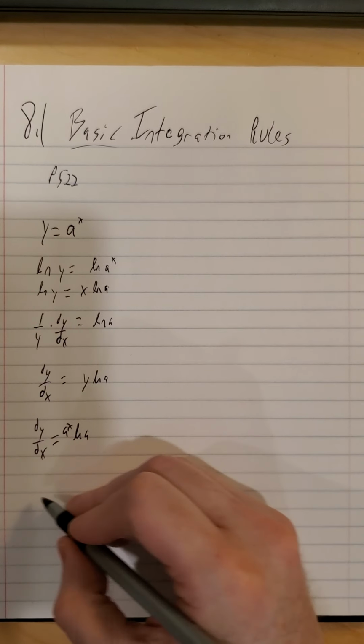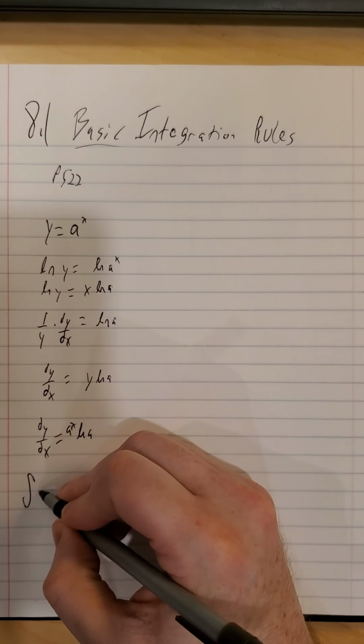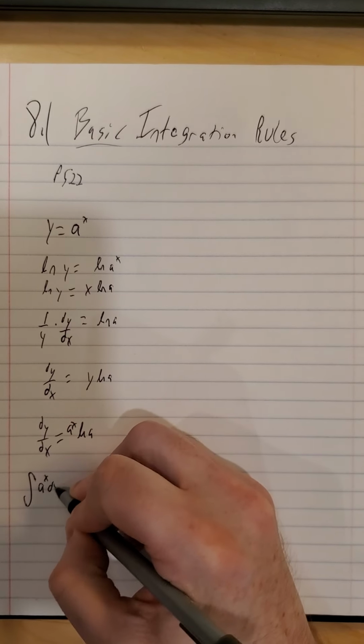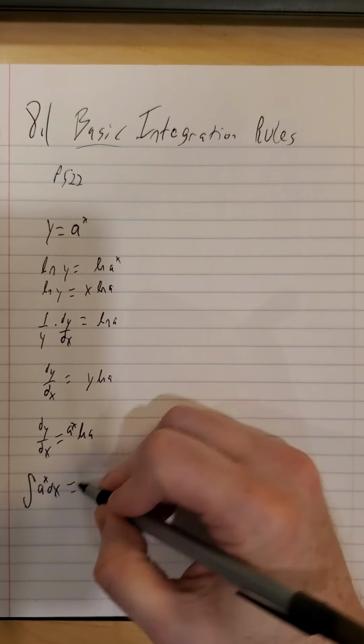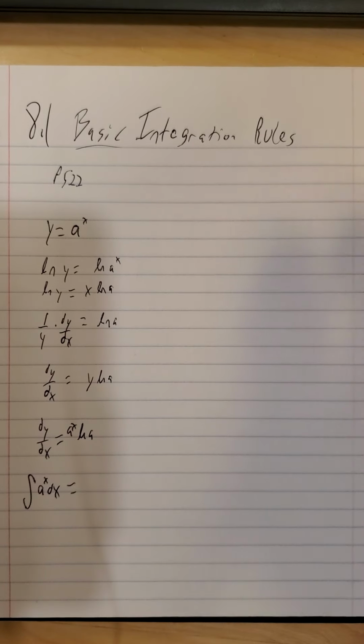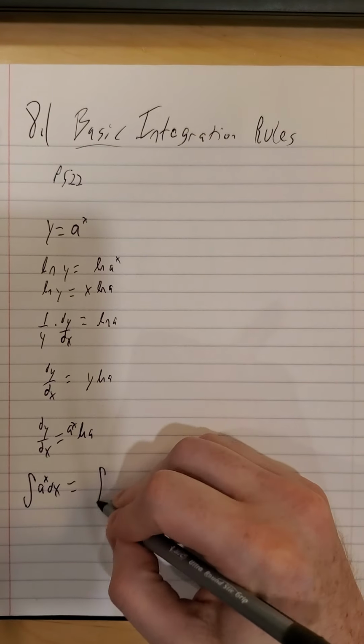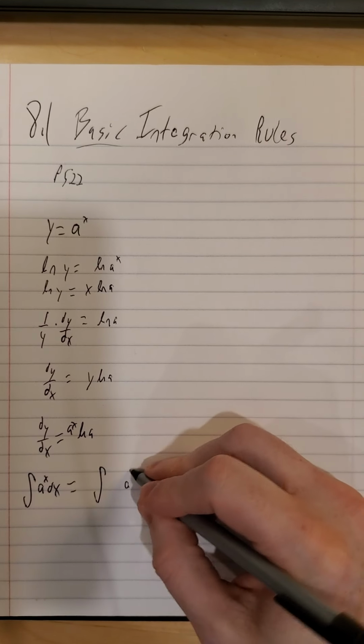What does that do for us? Well, that gets us to looking at integral of a to the x dx. We'd like to see a natural log in there. We don't have it, so we can multiply by 1.